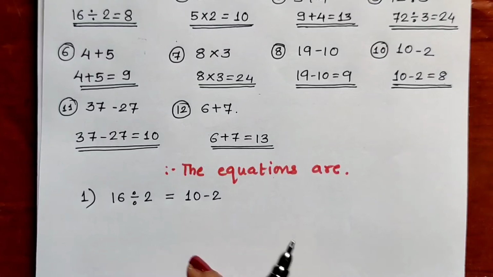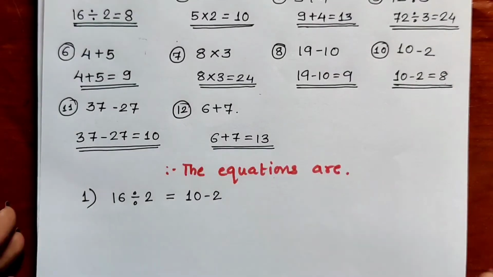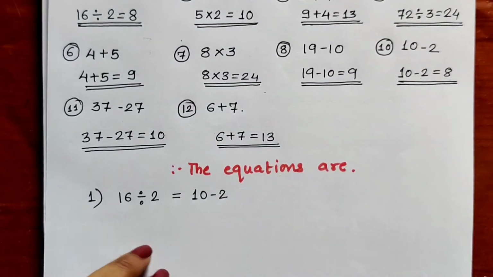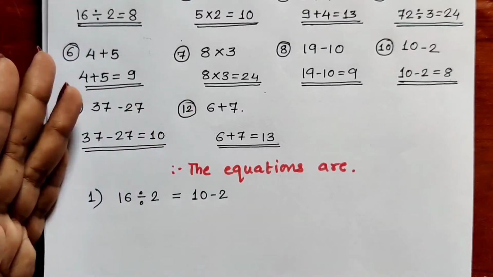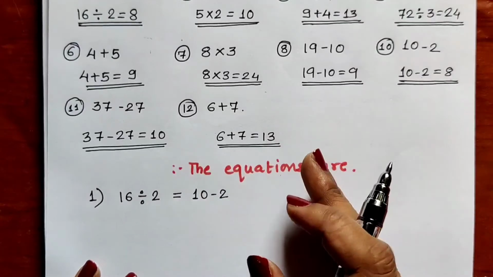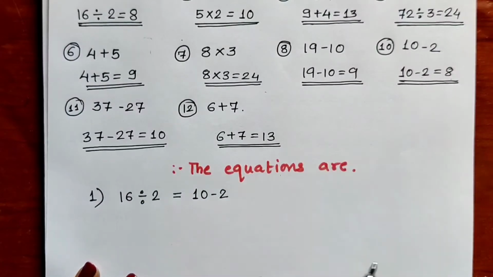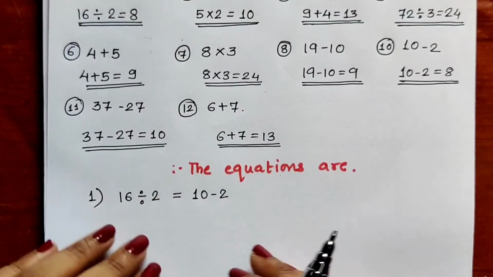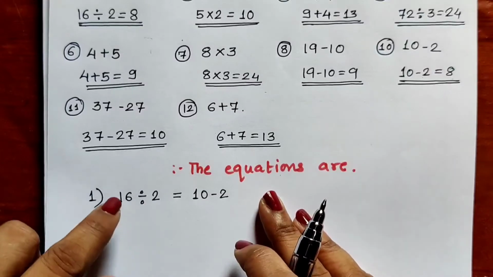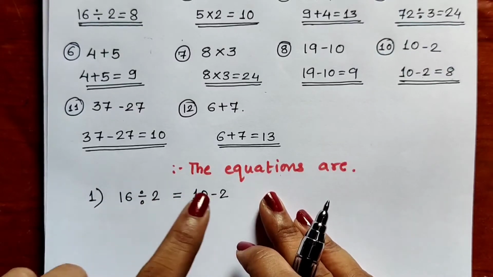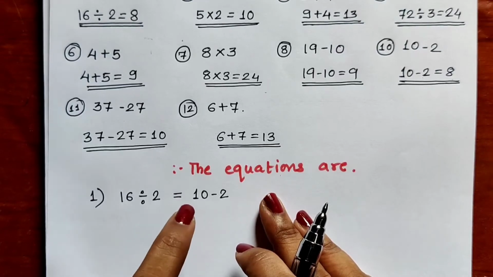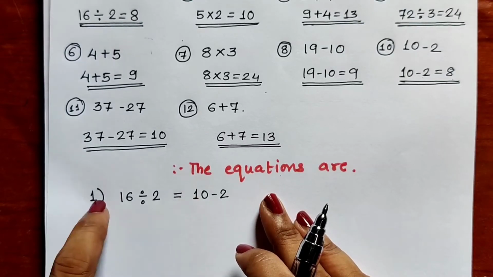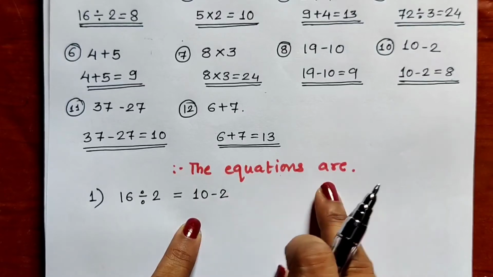I have told you there are two sides in the equation, left-hand side and right-hand side. On both sides I have written an operation, and both operations have the same answer, and that's why we can write an equal to sign in between, and when we write an equal to sign between two operations, that is known as an equation.